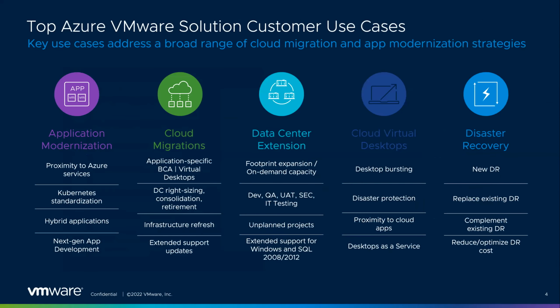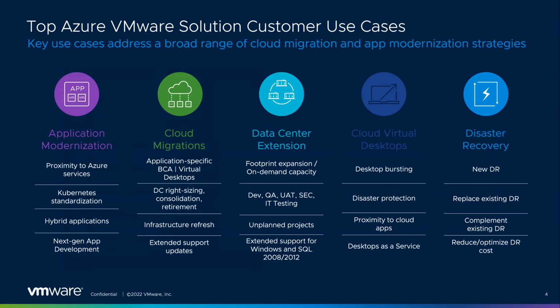A number of use cases that we have customers realizing with the Azure VMware Solution are things like application modernization. Because of the proximity to those Azure services, workloads that were traditionally hard to reformat or refactor can be brought adjacent to those other Azure services, and the data inside of those can then be consumed by other Azure services.